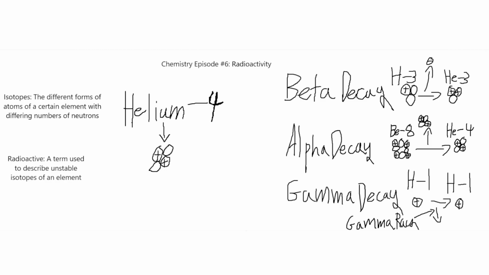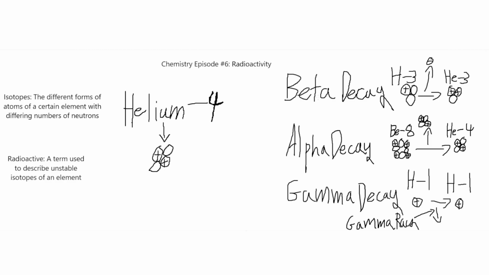And finally, for this episode, we're going to be talking about half-lives. The half-life of an isotope is the amount of time it takes for half of the atoms of that isotope that exist in the universe to decay. And this doesn't just have to be for the universe. It's any quantity of those isotopes.